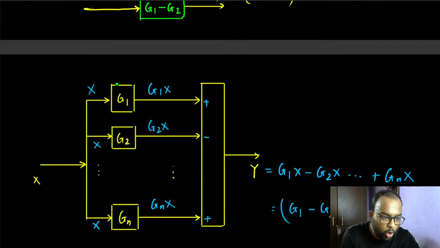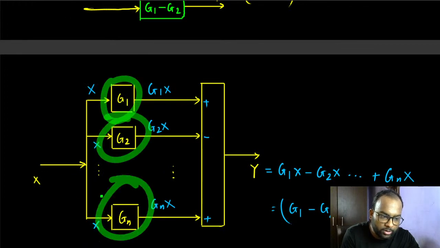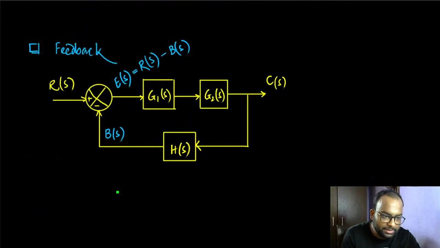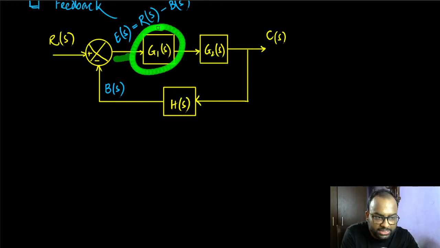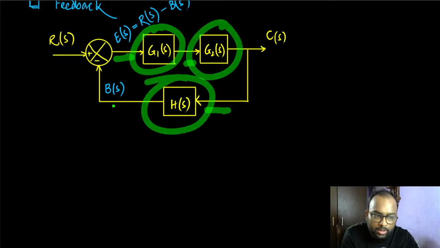Here also, all of these blocks have the same input. But if you are saying that these two blocks are in parallel with this one, then you are wrong, because this is the input to this block, this is the input to this block, and this is the input to this block. The inputs are not the same, so they are not in parallel.